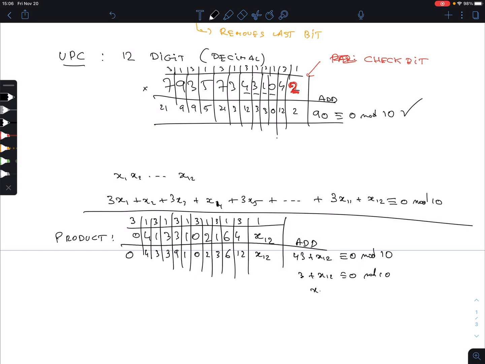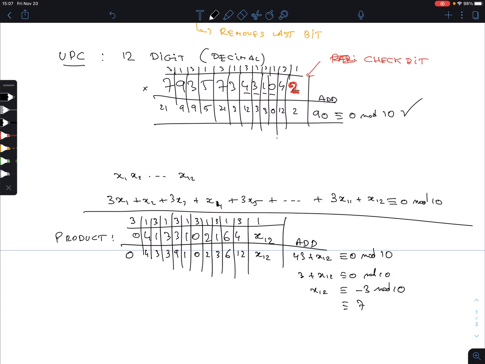So that means X12 has to be equivalent to minus 3 mod 10. But of course, we want a digit, so we have to make a real remainder. So we add another 10 to that, so this is equivalent to 7. So in this product, the X12 had to be 7.